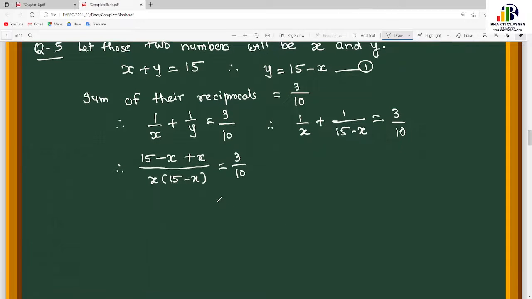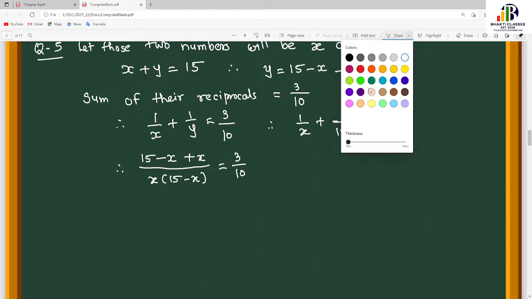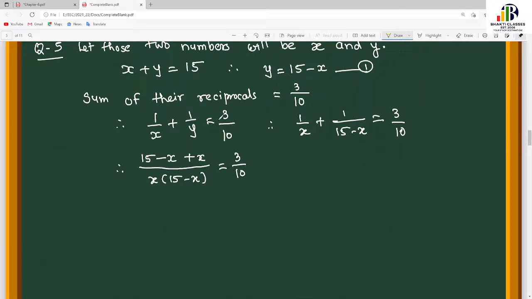So you can see in the numerator x is cancelled with x. Now we will do the cross multiplication.